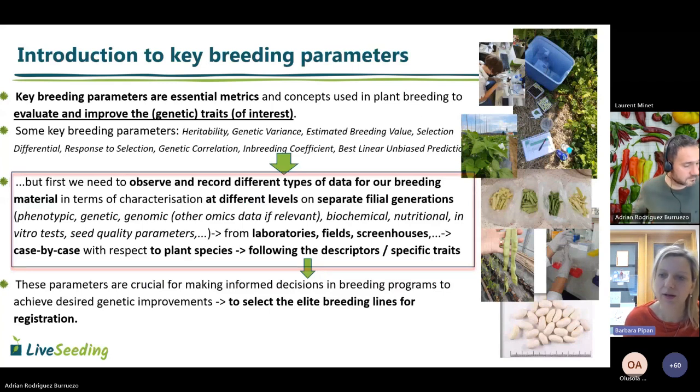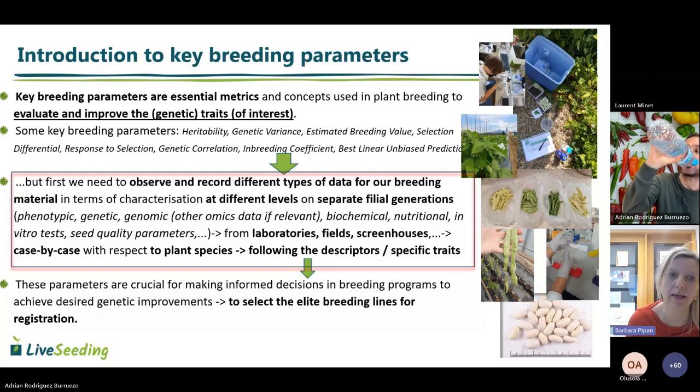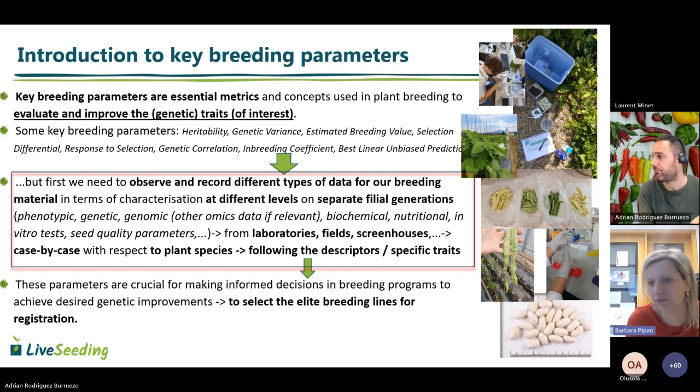Okay, so as was already said by Adrian, key breeding parameters are essential metrics and concepts used in plant breeding to evaluate and improve the traits of interest. Of course, before we were talking about breeding objectives and traits of interest.